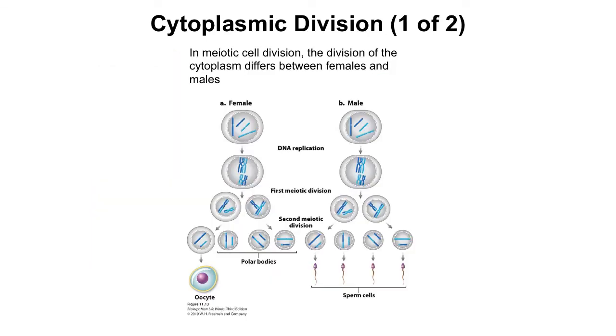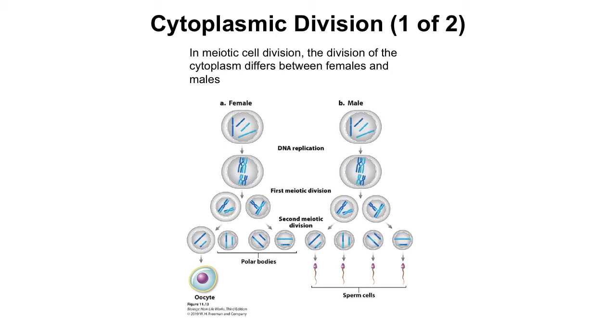So let's try to compare the meiotic cell division in females and in males using humans as an example. The cytoplasmic division in males and females is starkly different during the process of meiotic cell division. So they differ from each other.